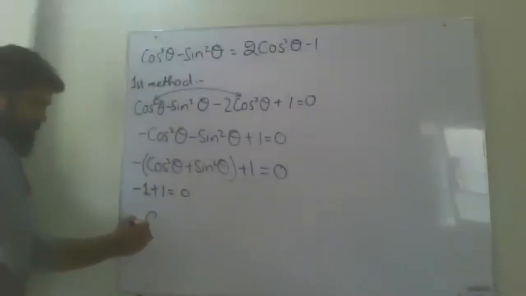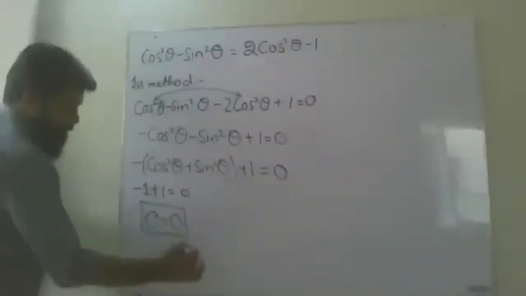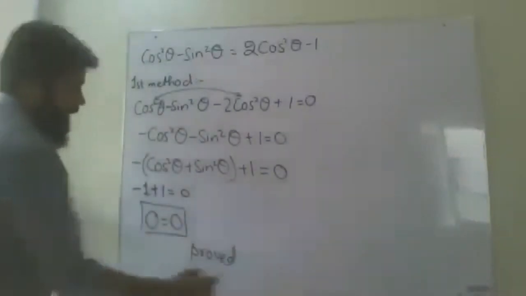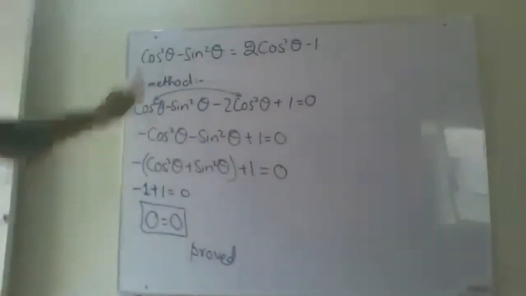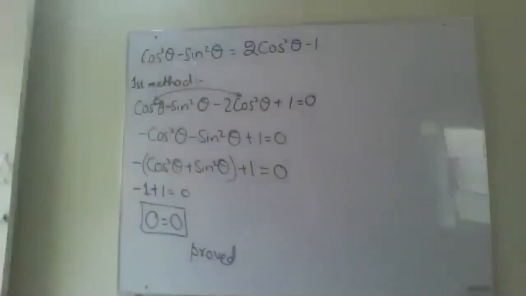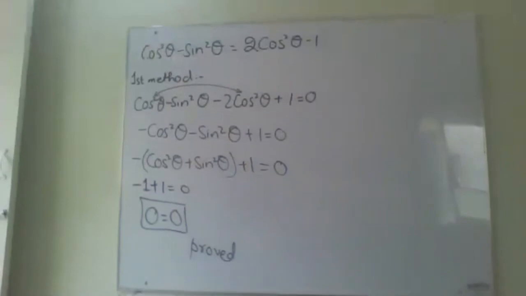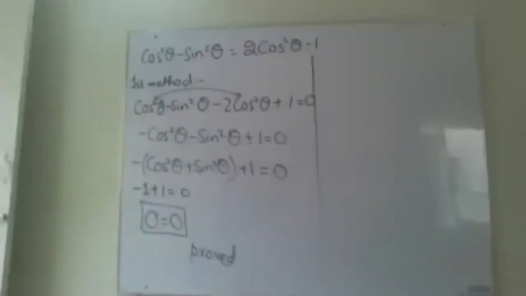Minus 1 plus 1 is 0. So my identity is proved. Whatever was given in the question over here is correct, and these are equal to each other.